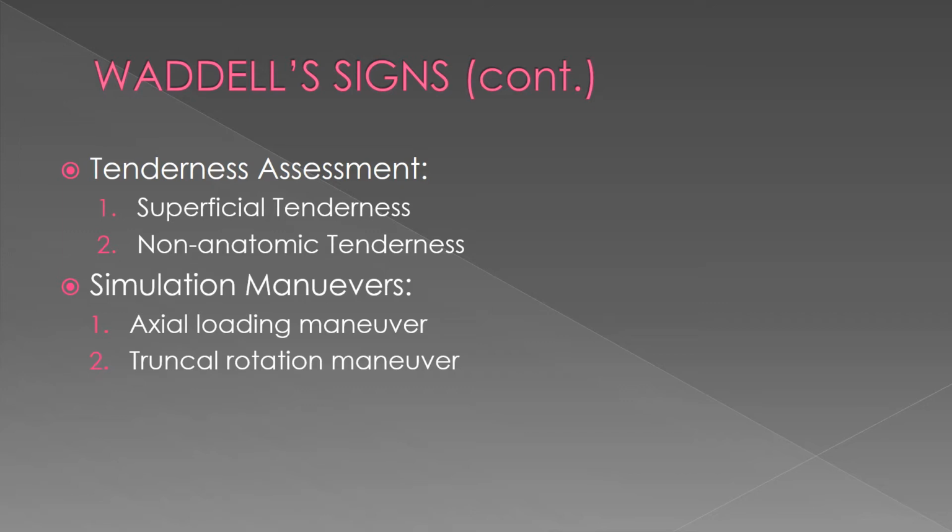So, for example, palpation of the spinous processes of the L2 and L3 vertebra should not reasonably refer pain to the contralateral knee and ankle region, as an example. Those two findings would be unrelated anatomically. So Waddell described non-anatomic tenderness as a non-organic sign.